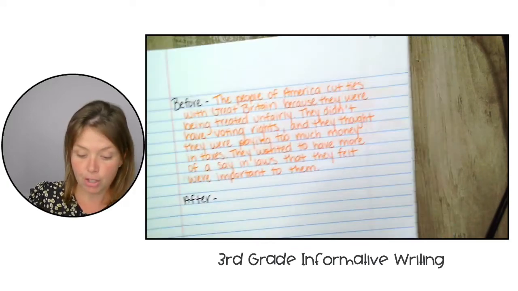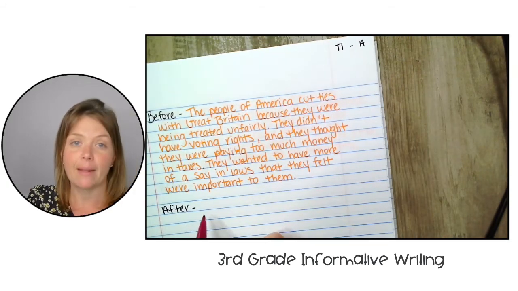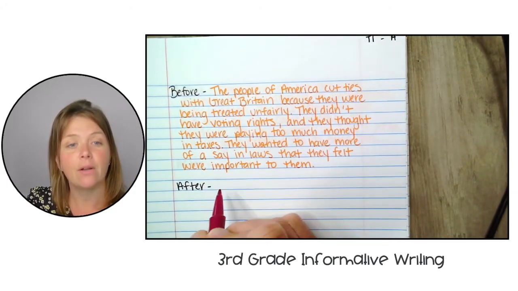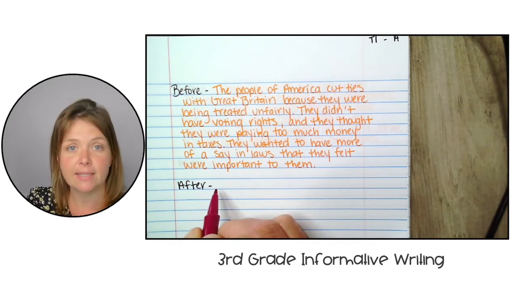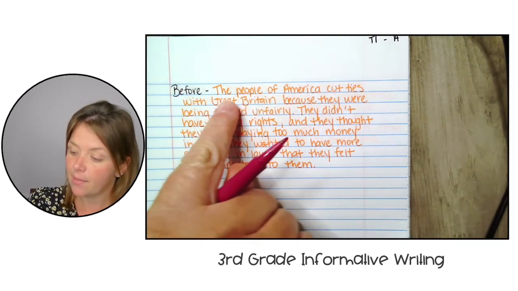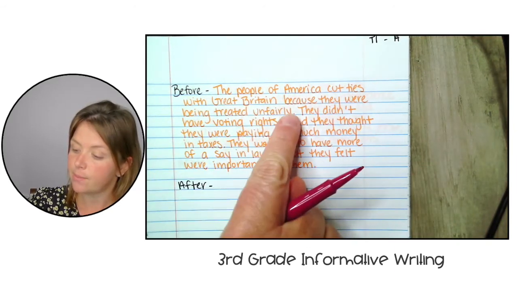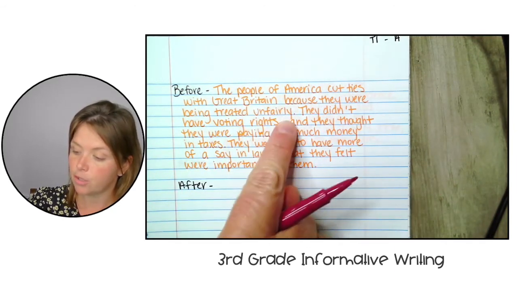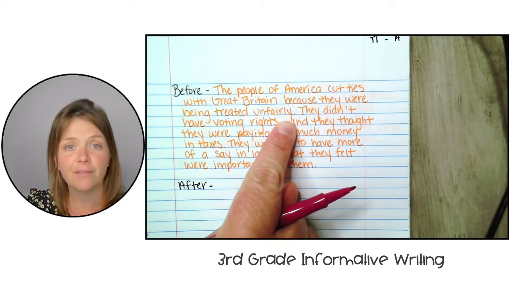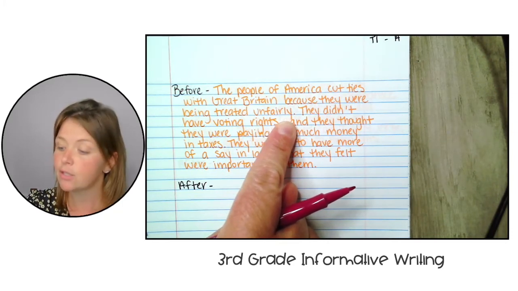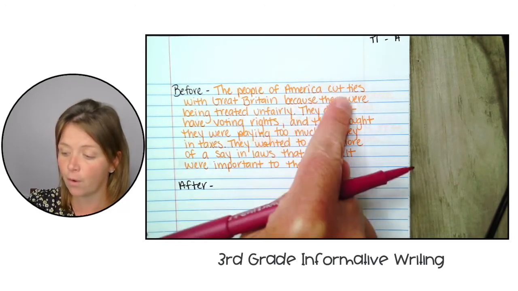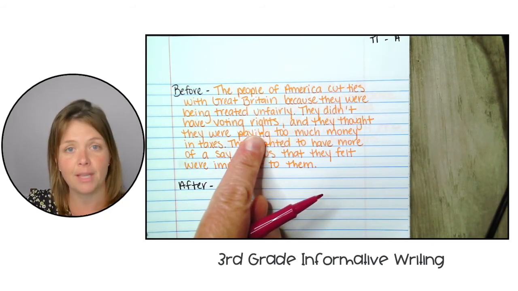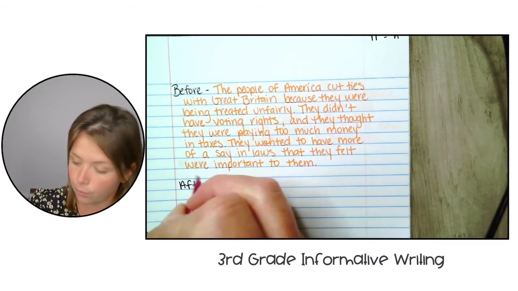So I'm going to start right in the beginning with listing the title I'm using this information from. So that's the first thing that's going to come because the people of America cut ties with Great Britain because they were being treated unfairly is coming from the text. So I need to first give my reader where I'm getting that information before I can tell them the information I'm using. So I'm going to put it right in the beginning.